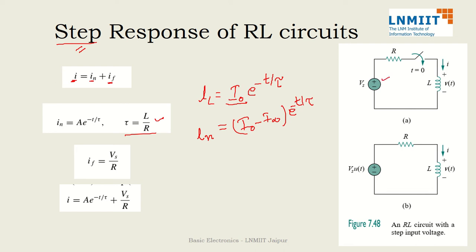So in the presence of external source, I am going to calculate that at infinity what will be the value of I infinity, and my total equation will be I natural plus I forced, where I natural is I initial minus I infinity e raised to power minus t by tau, plus I infinity. So that is all that we have to take care when we deal with step response of RL circuits.